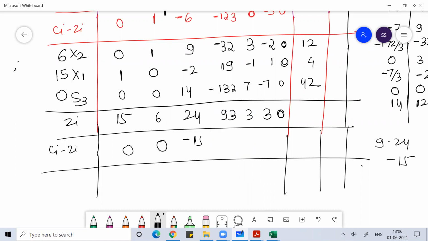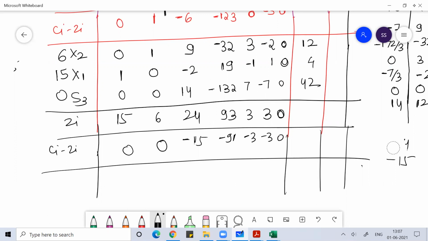Minus 15, 15 plus 9 is 24, right? Yeah, then this would be 0, sorry, this would be minus 93. Minus 3, 15 6 9 and then you have 2. Then 2 minus 93, minus 91, minus 3, minus 3, 0.